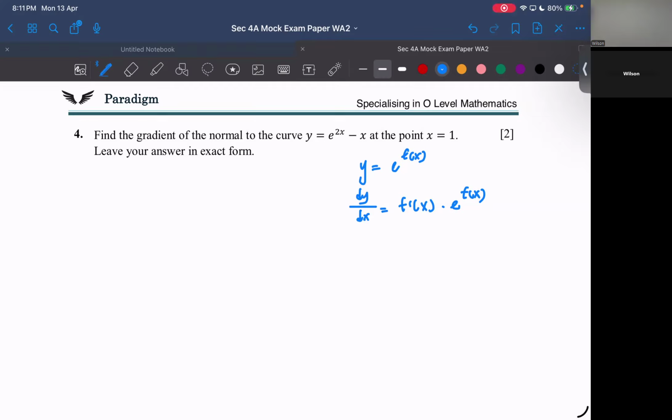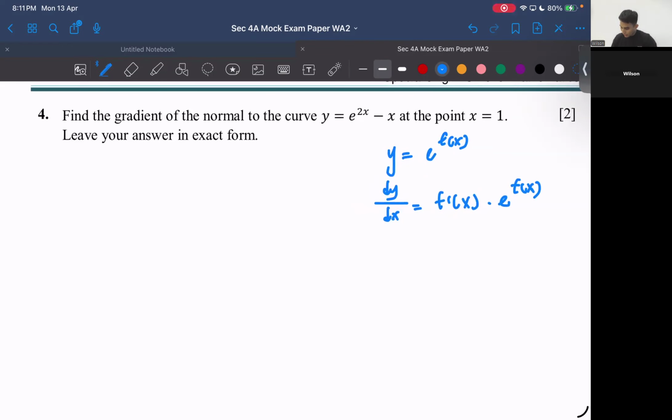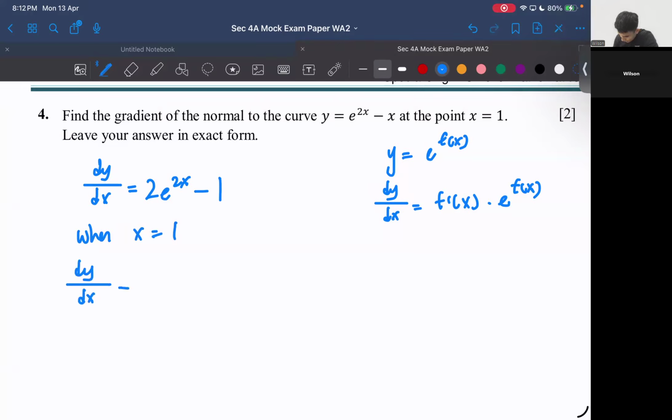Okay, m1 also correct. Just for recording purposes, because we also have to let Regis see this. Okay, short one. dy over dx is equal to 2e to the power of 2x minus 1. When x equals 1, dy over dx is 2e to the power of 2 minus 1.